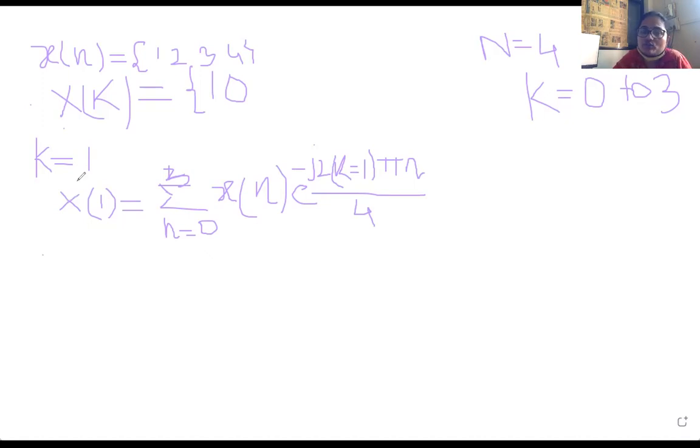So I have substituted k equal to 1. The DFT equation has been modified as x of 1, which is equal to summation n varies from 0 to N minus 1, so 0 to 3, x of n e raised to minus j 2 pi n, with the value of k substituted as 1, divided by 4. Now we will substitute the value of n.